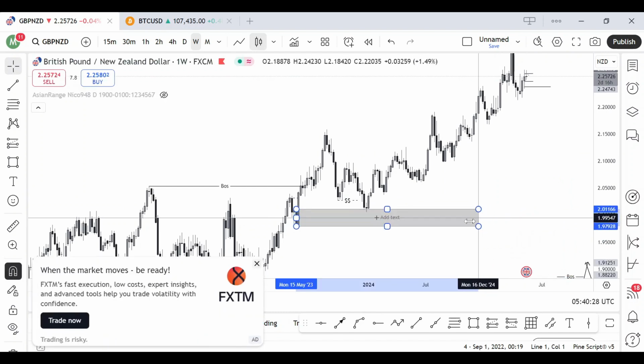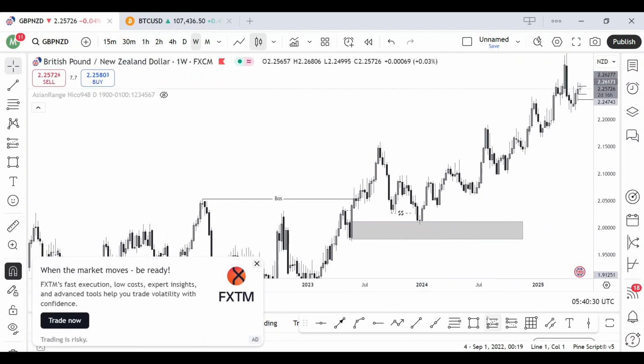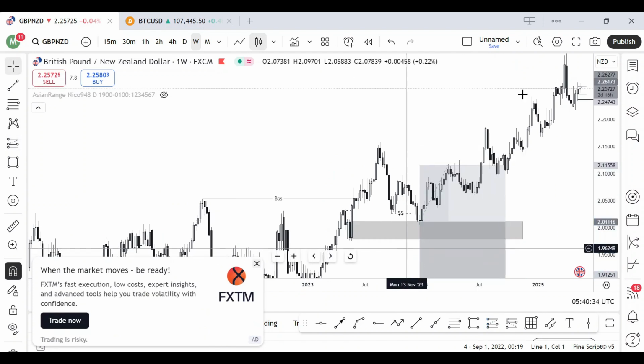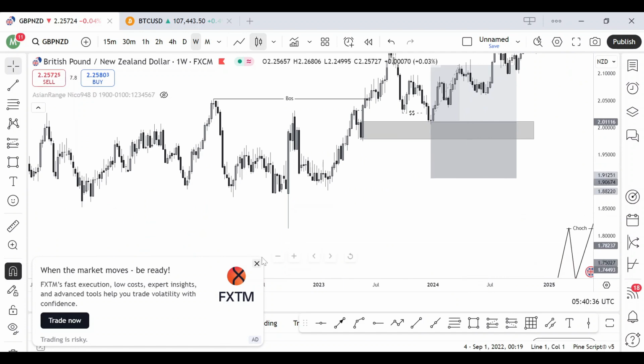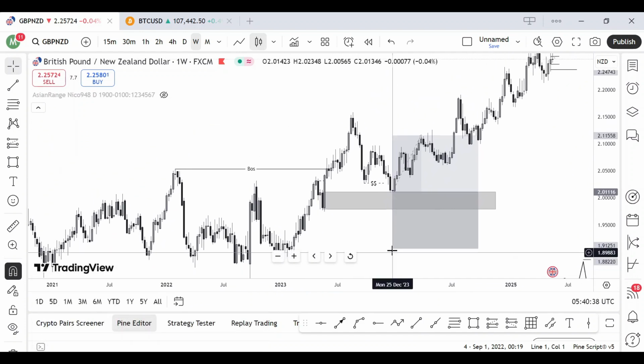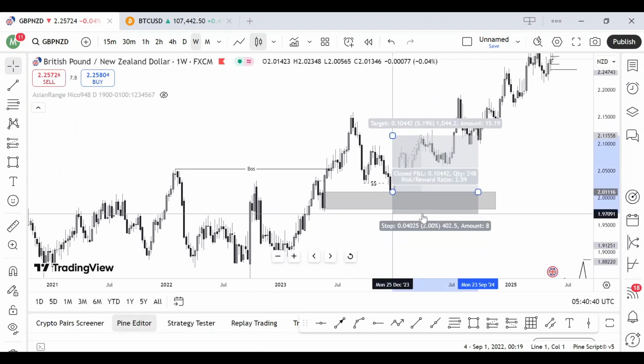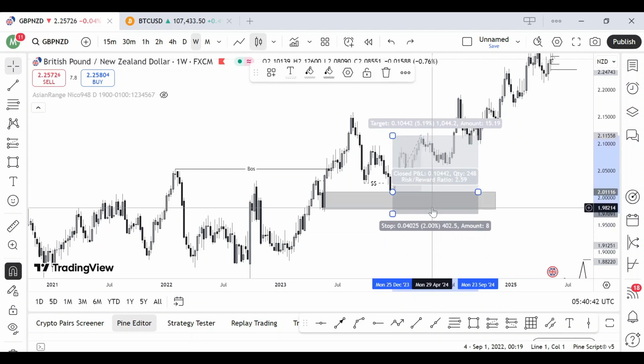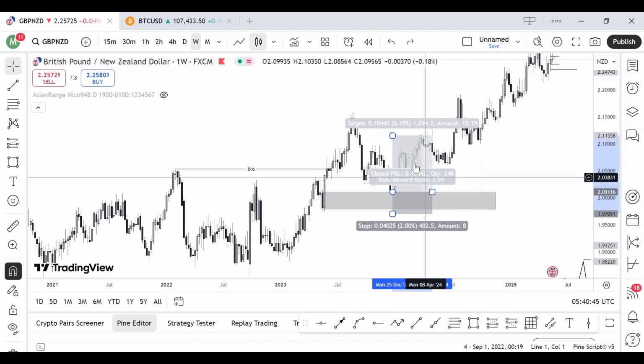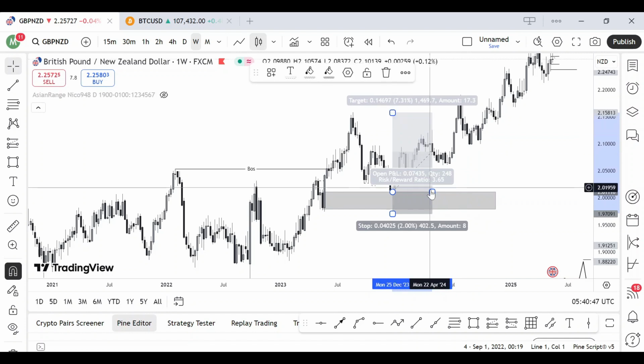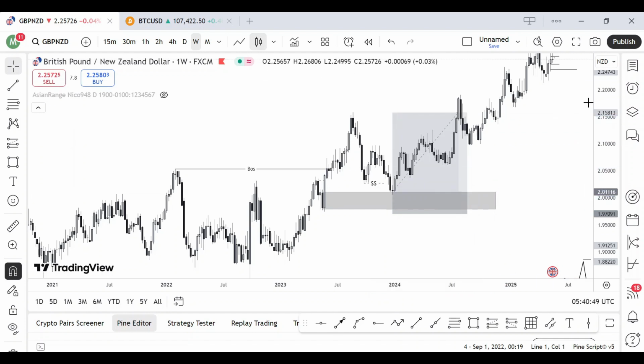So we place our entry here, stop below this low, and we target this high. Boom, TP hit. So that's how we enter the market as smart money traders.